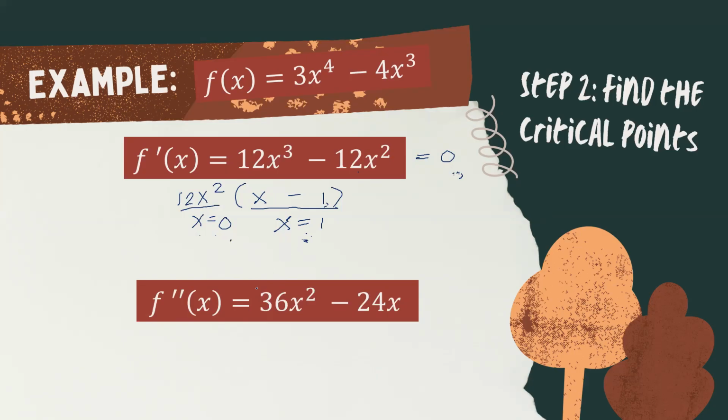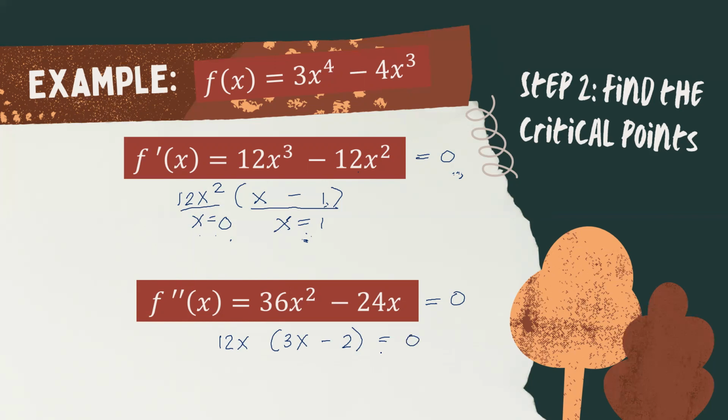Okay? Now for our second derivative, di ba ito yung nakuha natin sa step 1. Again, we equate this to 0. Yan, critical point ng second derivative. Common factor is 12x. So we have here 3x minus 2. Ayan, equal pa rin sa 0.